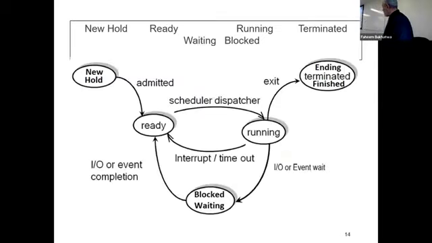So this is the actual state diagram for a process execution. Every process, because from now on at this stage, it's a process, comes in as new. Some textbooks call it the new process, or some call it the holding state.